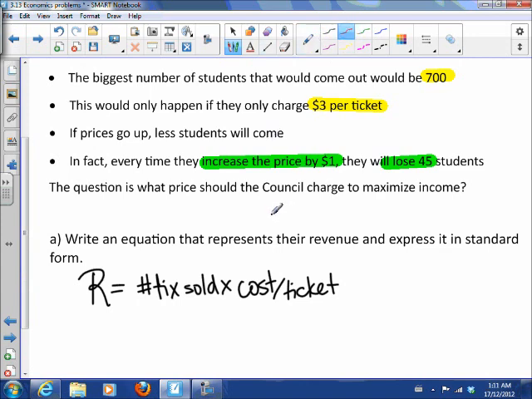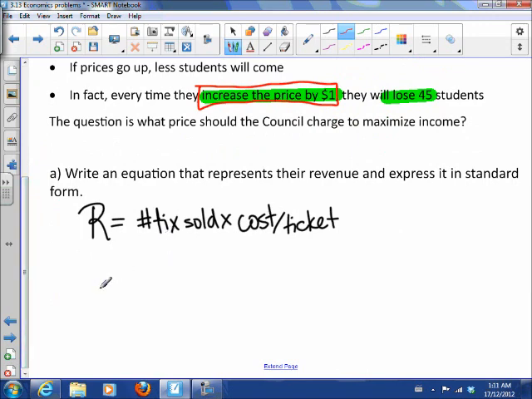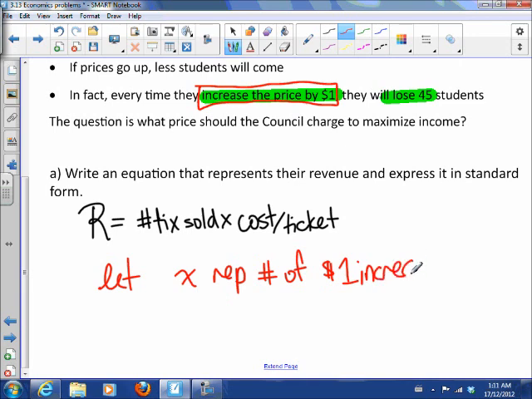Well, for x to be the cost, that's no good because it's not the cost that's changing, right? What's changing is the increase in price, right? So what we're going to say is let x represent the number of $1 increases in price.